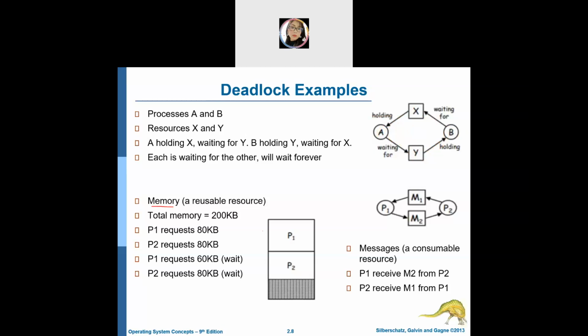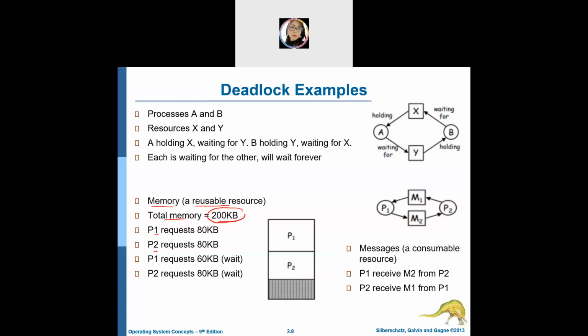And you can see here, in terms of memory, memory is a reusable resource. Total memory is 200 kilobytes. Let's say you have a total of 200 kilobytes. So you're going to have several processes, which are process 1 and process 2.